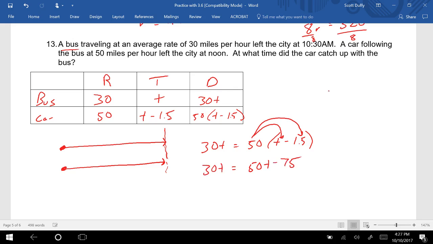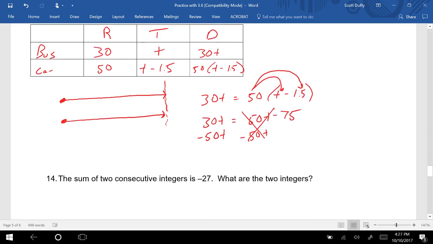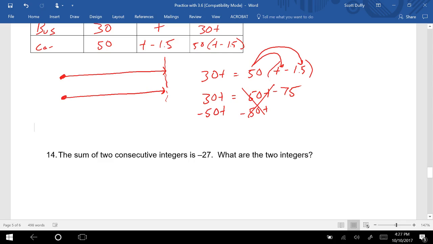Subtract 50t from both sides to get all of the terms with t's in them to one side. 30t minus 50t is negative 20t. The 50t's cancel out and I just have negative 75.